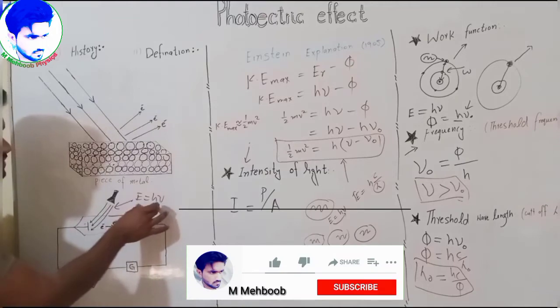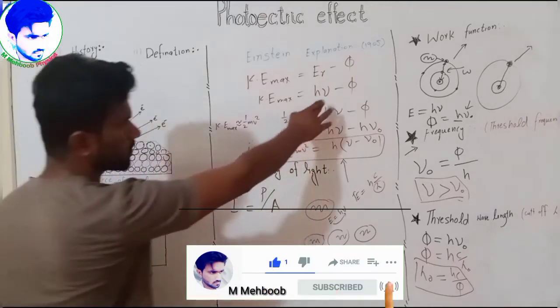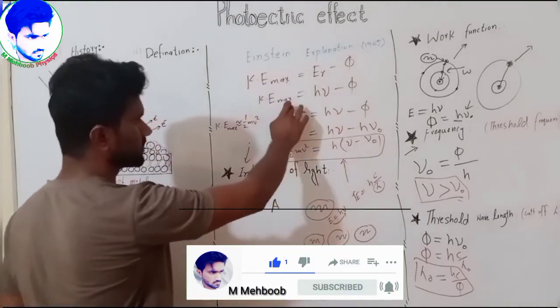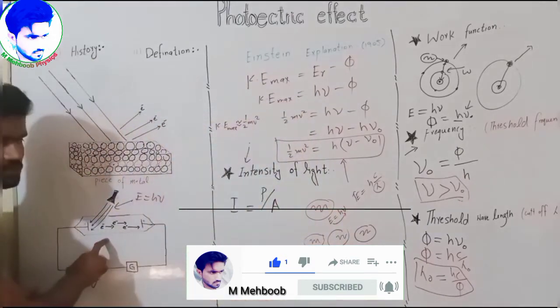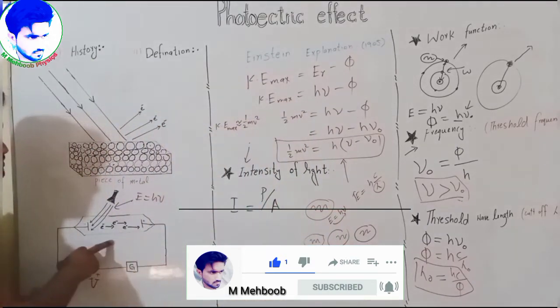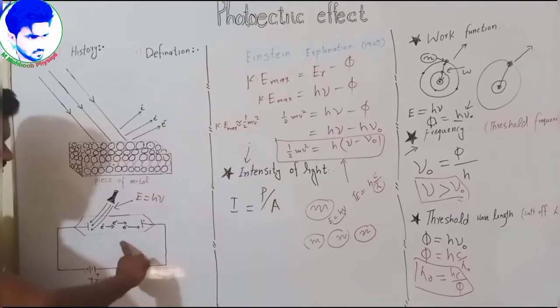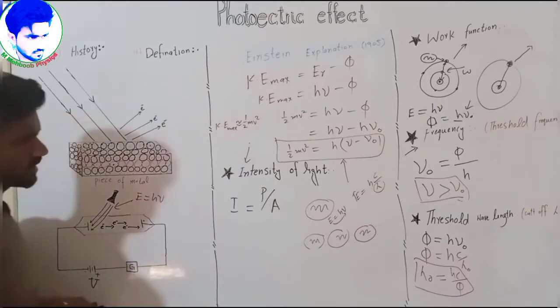That is the work function. The remaining energy is used to speed up these electrons, so the remaining energy will be the kinetic energy of the electrons.